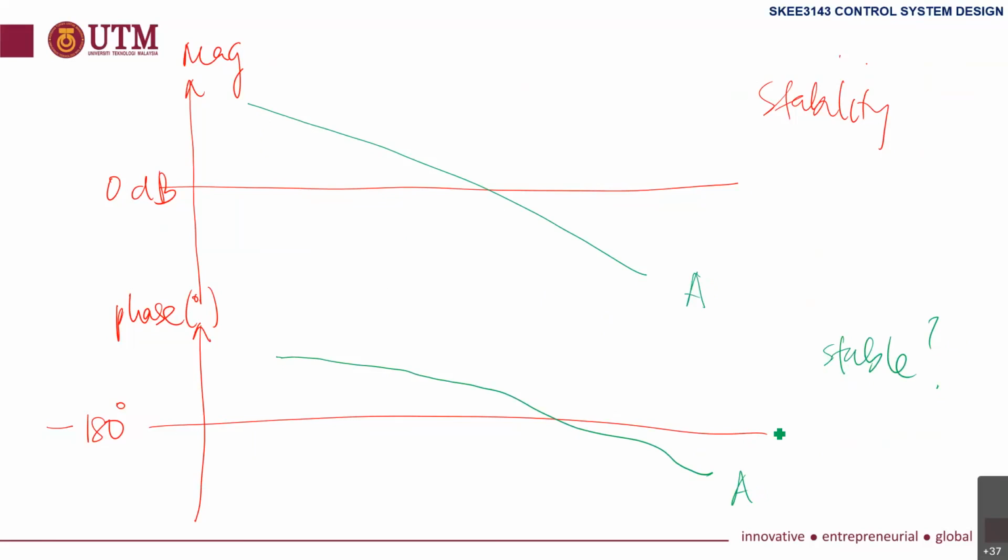Yes, doctor, it is stable. Why stable? Because at 180 degrees, you can see the magnitude is less than 0 dB here, it is negative, right? So it's stable.